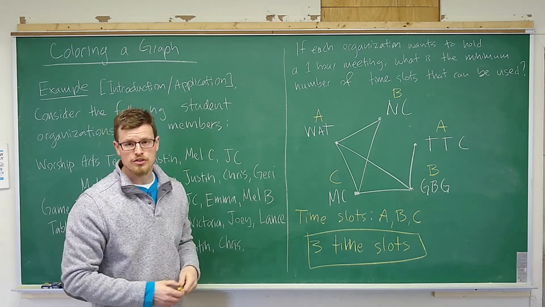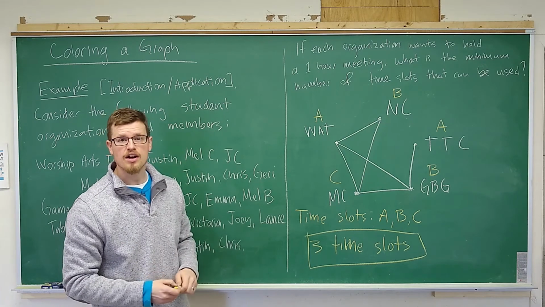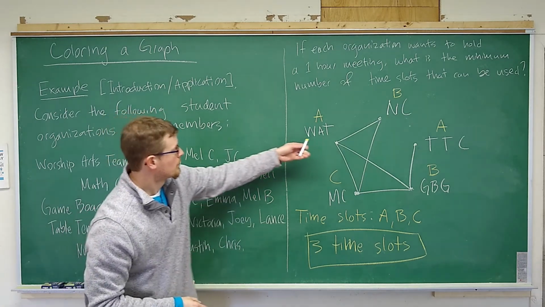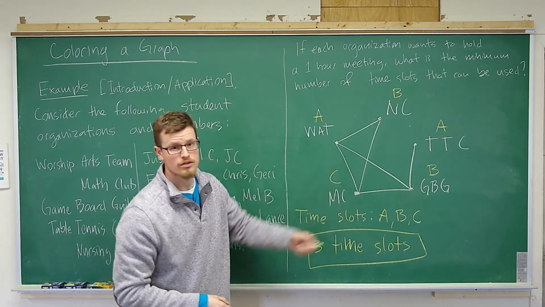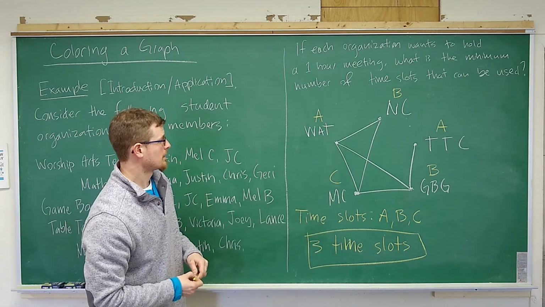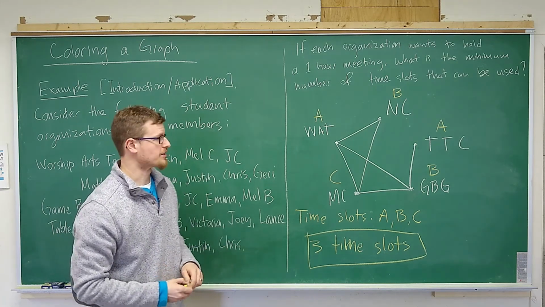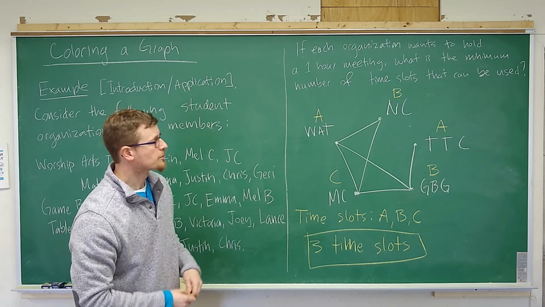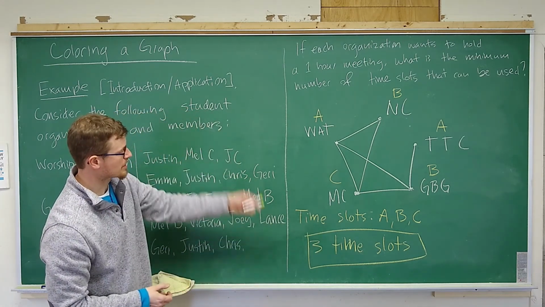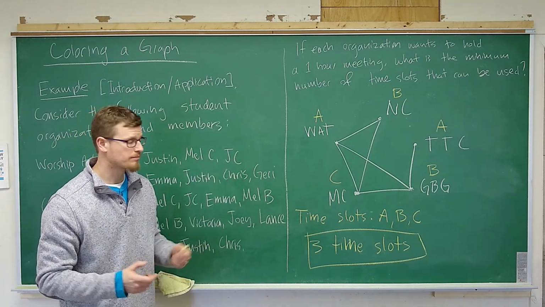And when we want to color a graph, we are just referring to assigning a color to each vertex, in which adjacent vertices do not have the same color. That is, adjacent vertices have different colors assigned to them. So that is the coloring of a graph, and this is an example of it. Helps us determine when meetings can take place, that sort of thing.